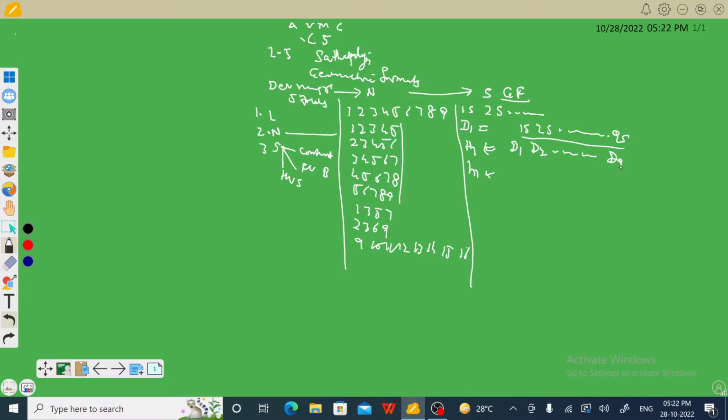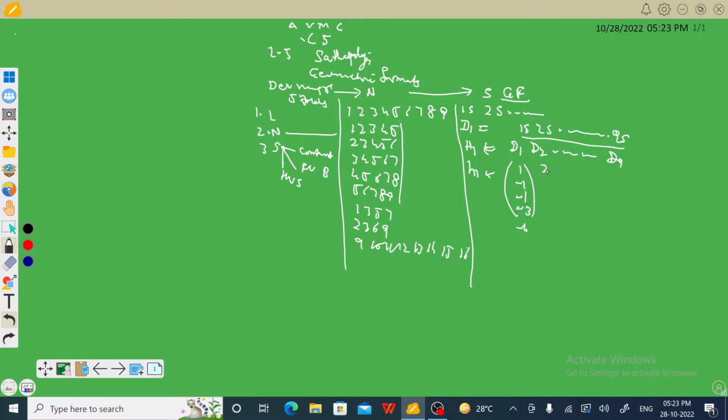Now this content is going to be of the form 1, minus 1, minus 1, and minus 3. These are the 4 folds of this content, and the summation value is minus 4.